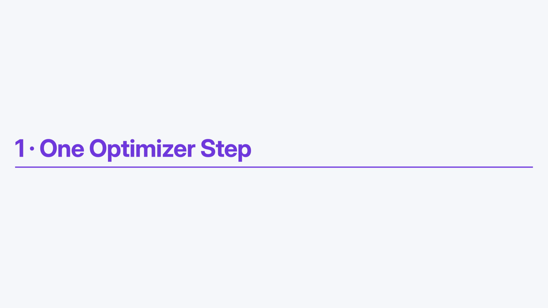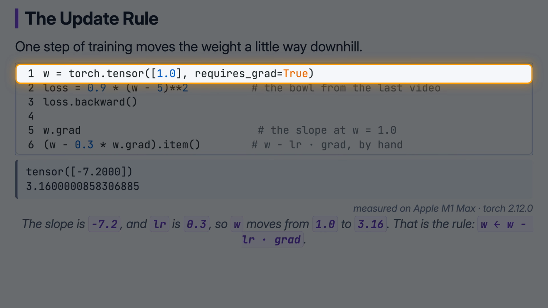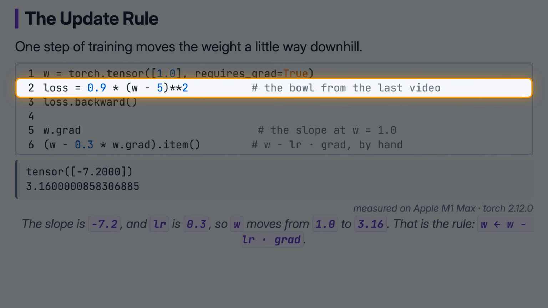Let's start with a single step. One step of training nudges the weight a little way downhill. We start with a weight W, set to 1.0, and we ask it to track gradients. The loss is the same bowl from the last video.